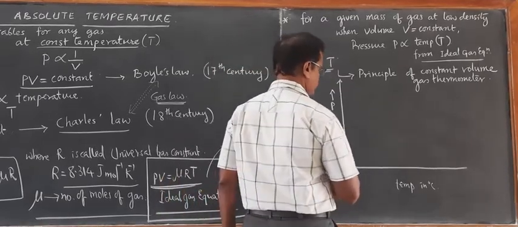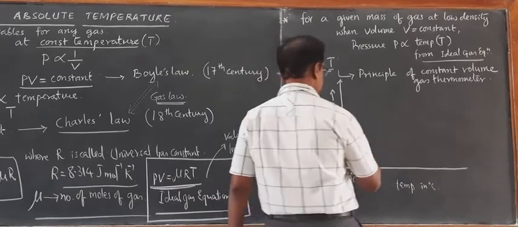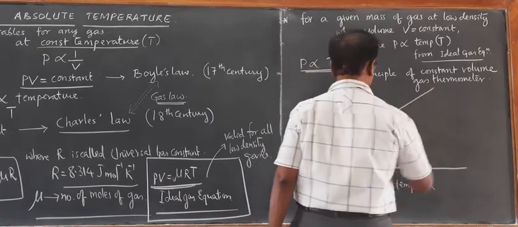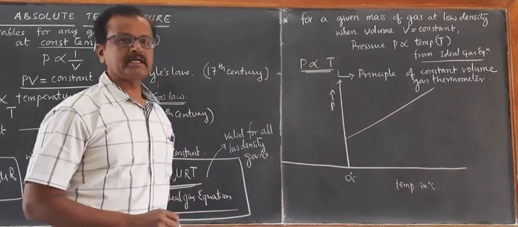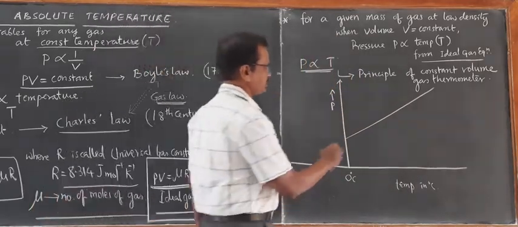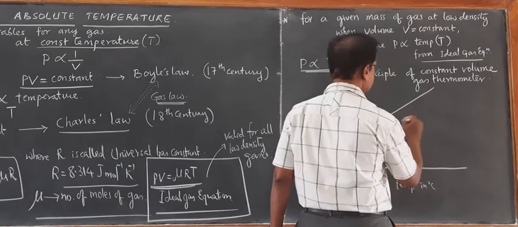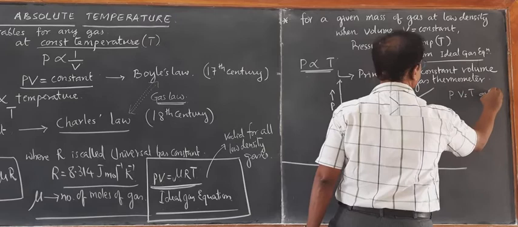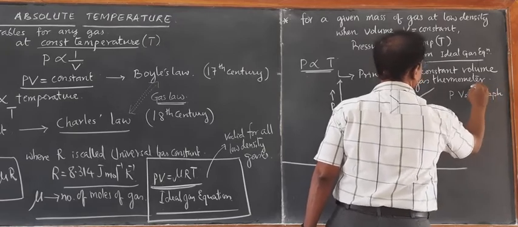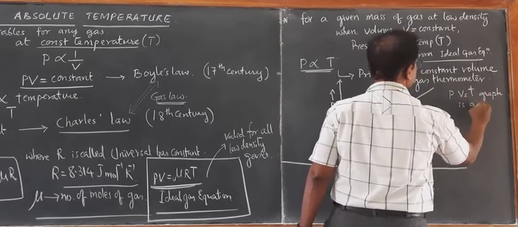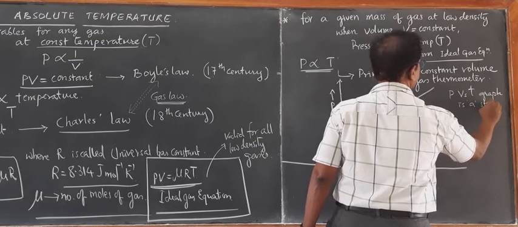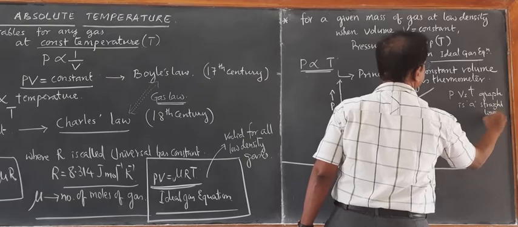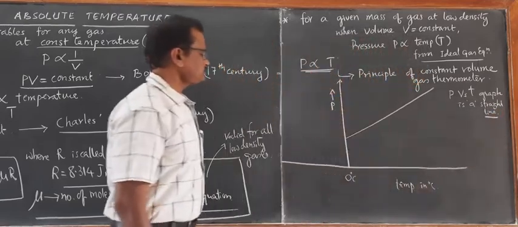Now, when the temperature increases, the pressure also increases linearly. So the graph is going to be a straight line. The P versus T graph is a linear graph, a straight line graph.